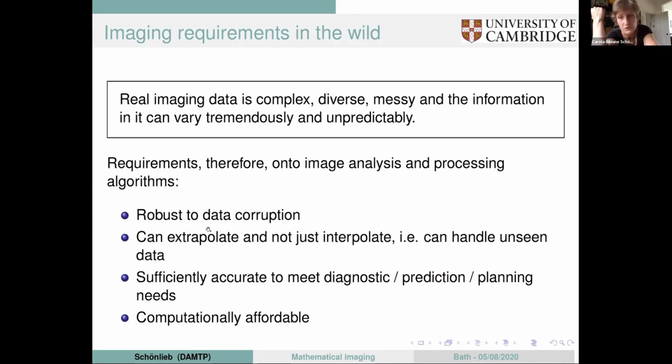On the other hand, we also want something that is sufficiently accurate. And this is something that deep neural networks are very good at, to meet diagnostic, prediction, planning needs, whatever the needs are of the application I want to solve with this. And we want the methods to be computationally affordable.